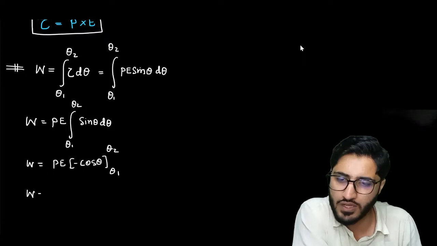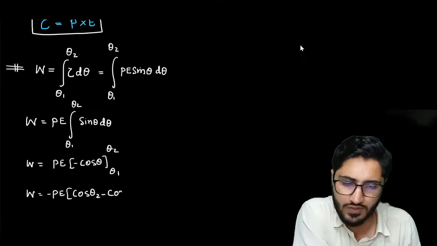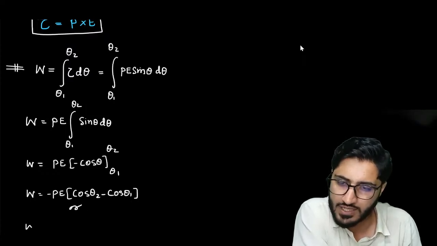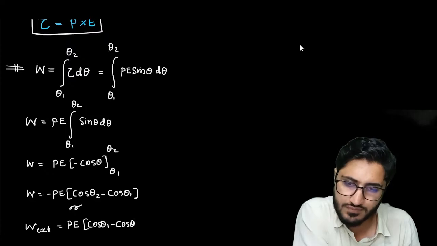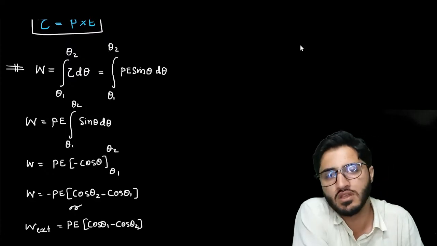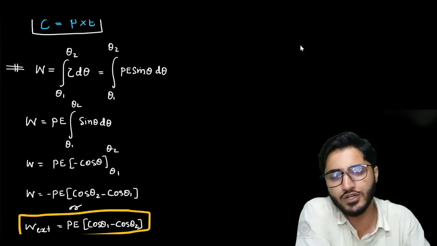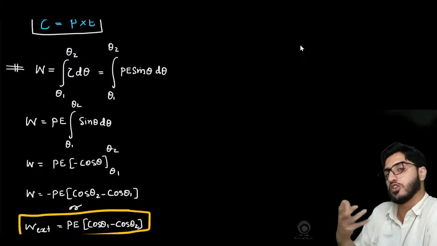So W equals minus P E into cos theta 2 minus cos theta 1. Or work done by the external agent equals P E into cos theta 1 minus cos theta 2. This much work I need to apply to rotate this electric dipole in a uniform electric field.